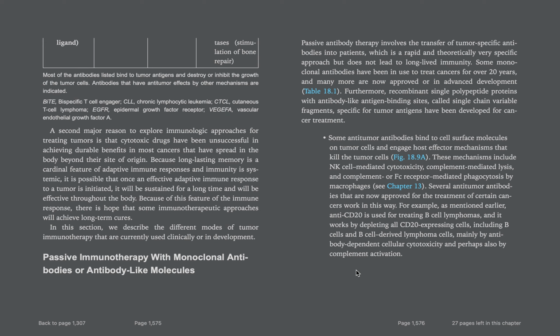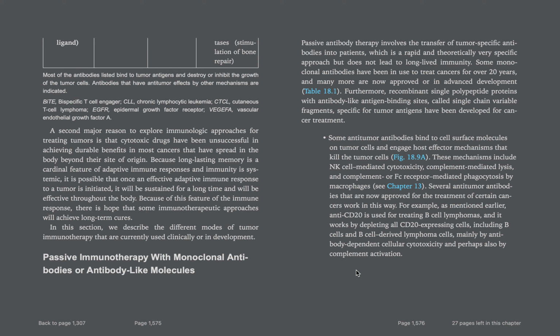In this section, we will describe different modes of tumor immunotherapy that are currently used clinically or in development. Passive immunotherapy with monoclonal antibodies or antibody-like molecules. Passive antibody therapy involves the transfer of specific antibodies into patients, which is a rapid and theoretically very specific approach but does not lead to long-lived immunity.